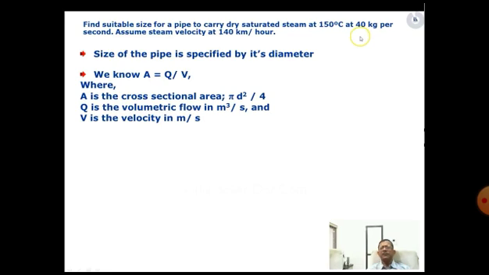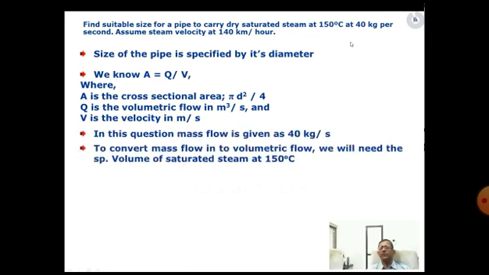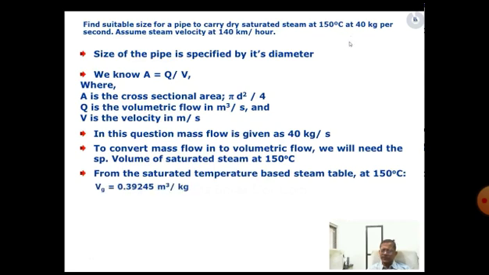In this particular problem, Q is given as mass flow. So first we need to convert this mass flow into volumetric flow, and for that we need the specific volume of saturated steam at 150 degrees centigrade. We refer to the temperature-based steam table, and we find the specific volume of saturated steam at 150 degrees centigrade is 0.39245 meter cube per kg.